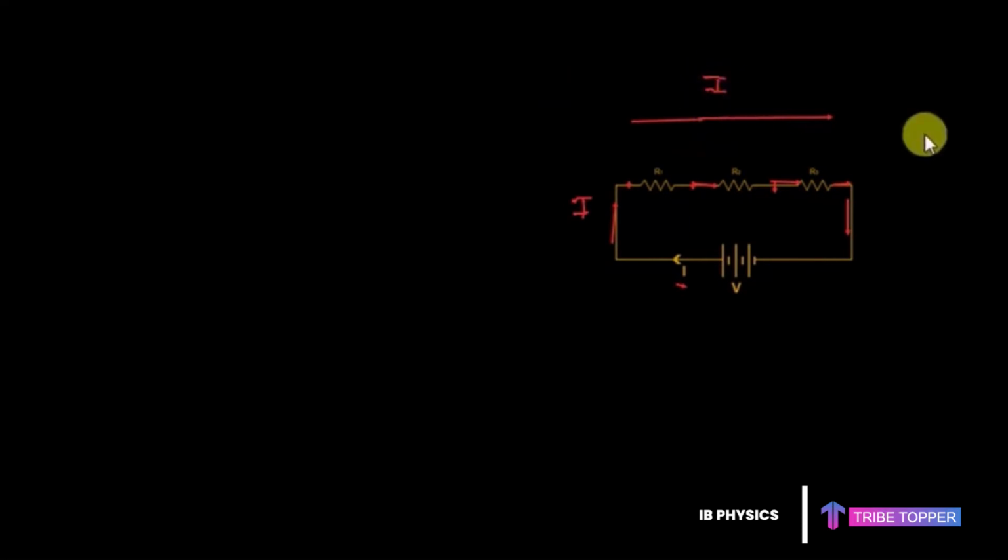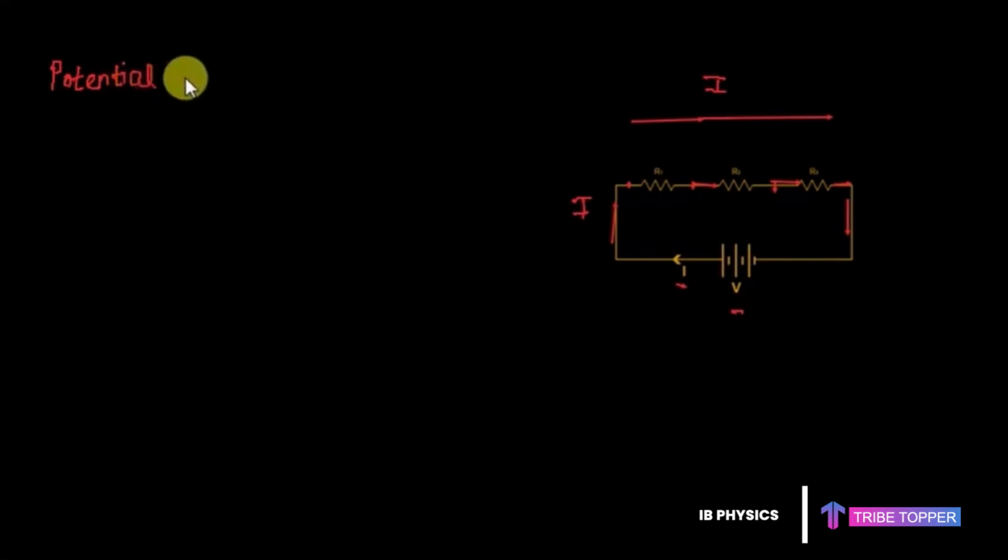But the potential difference is going to be different, because there will be a drop across the first, then across the second, then across the third. The potential that you're applying here, this V, is the potential difference. You can imagine energy loss happening at each stage.